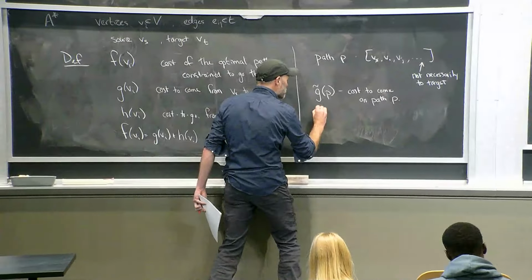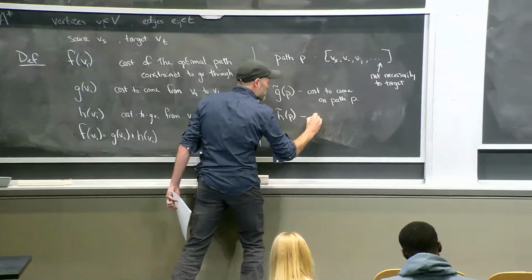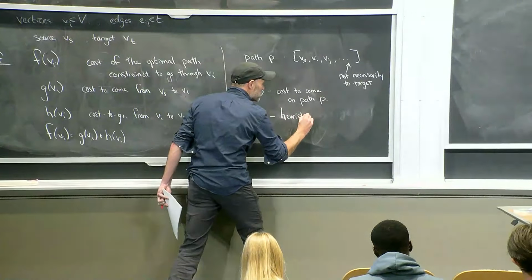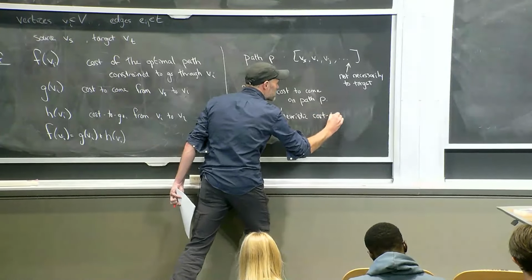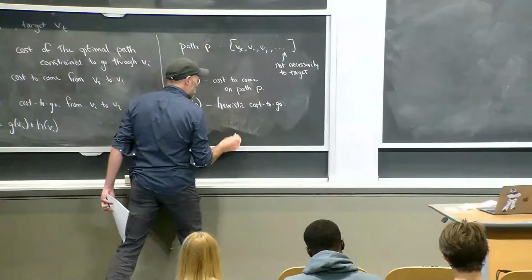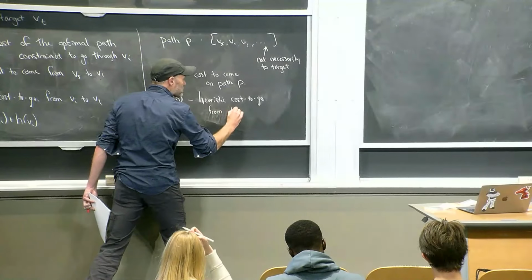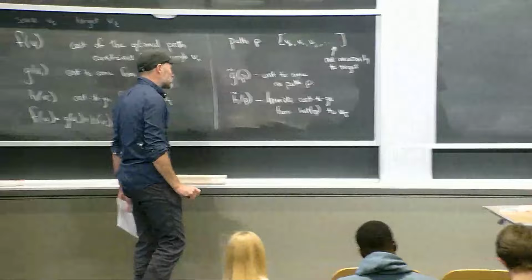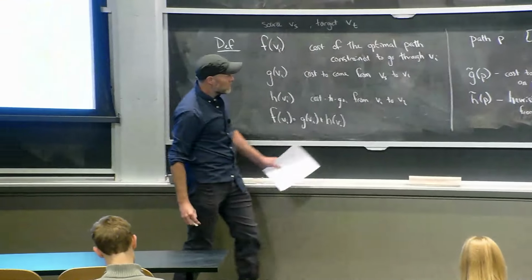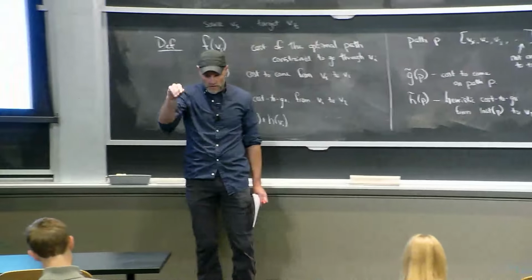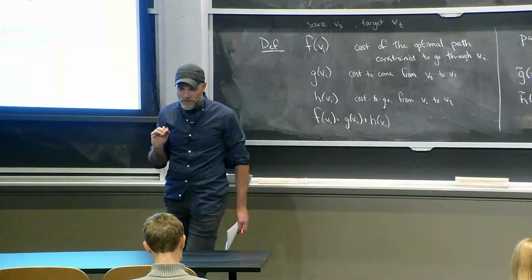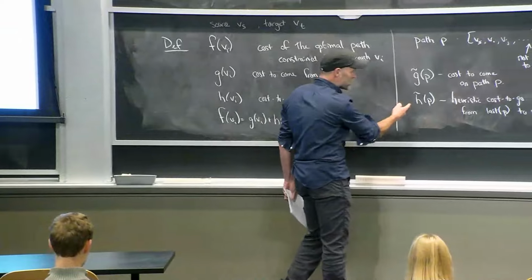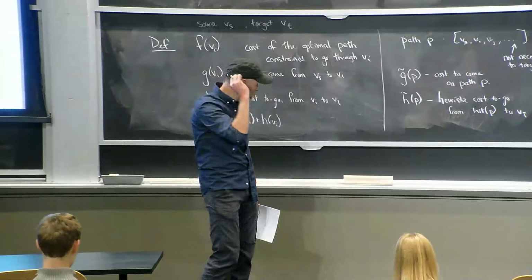And most important is this approximate heuristic cost to go, h tilde, from the last vertex in P to V_target. The cost to come is just something easily computed while you're evaluating your algorithm. The heuristic cost to go is something that you supply; that's the additional information.